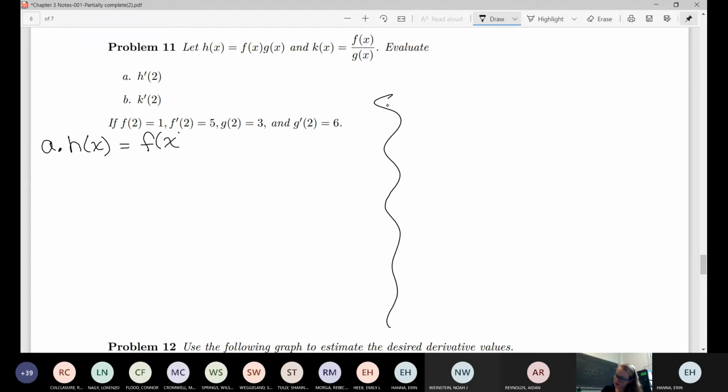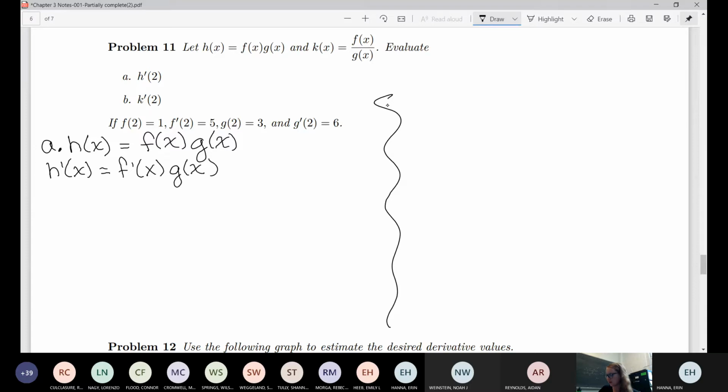We're told that the first thing we want to find the derivative of is essentially this product of 2 functions. So we know how to find that derivative because it's going to look exactly like the product rule. Be careful, because you don't want to think that you couldn't use it if this was an A of X and B of X instead of F and G. Use that same format. So we need the derivative of the first function times the original second function.